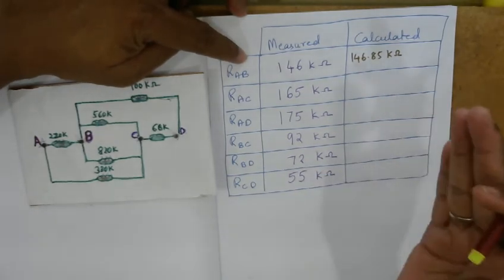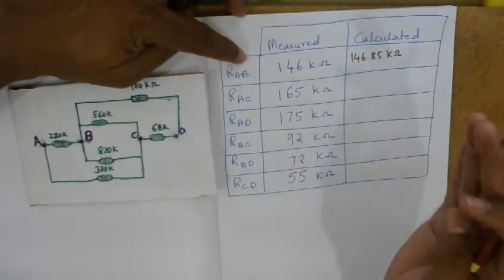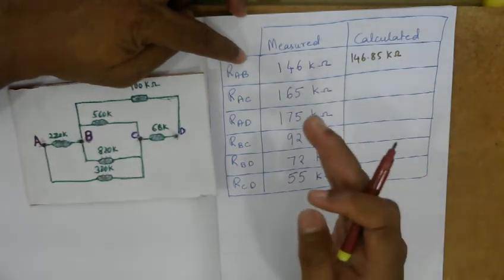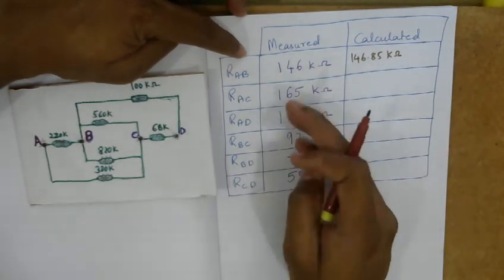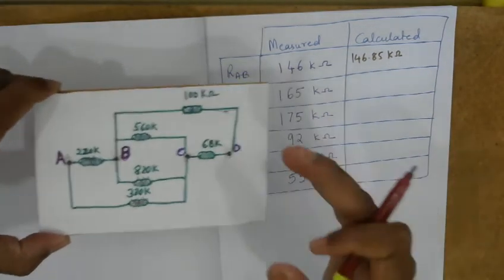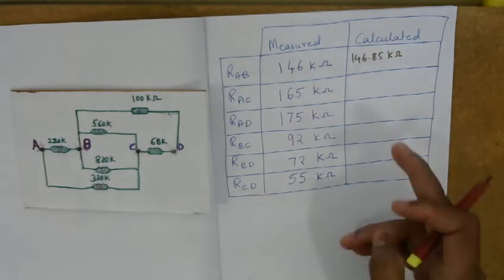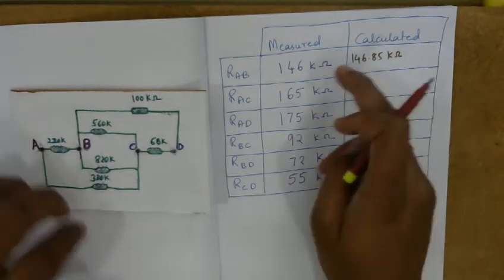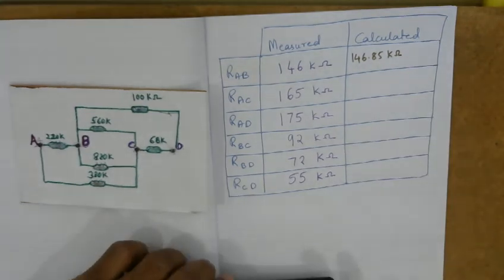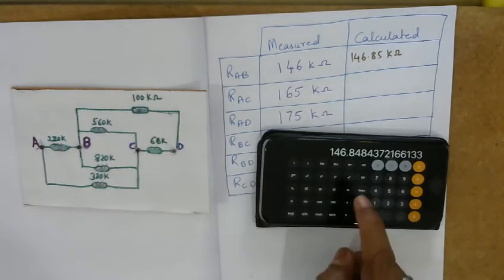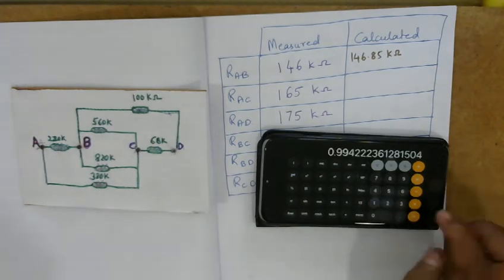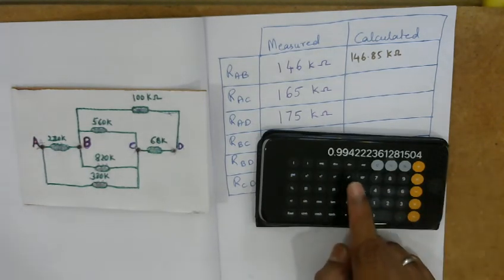Okay. So what is the percentage error? In order to find the percentage error, we'll take the calculated value as the reference and the measured value, because we want to find the error in the measured value, because this is our designed value and this is what we manufactured. So what is the error? For that, the formula is, I just divide the measured value by the calculated value. So I'll just do 1 by x on this and then multiply it with 146. Okay. So this is 99.42%.